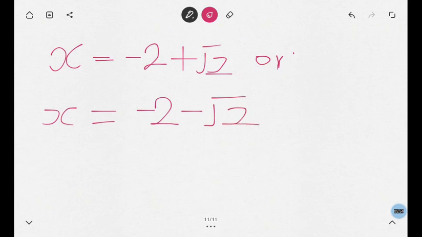So that is that. Since this and this are now of the same term, we can further simplify. So you leave this as your final answer.